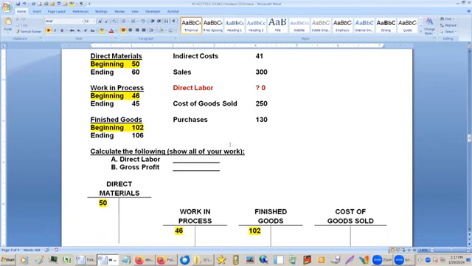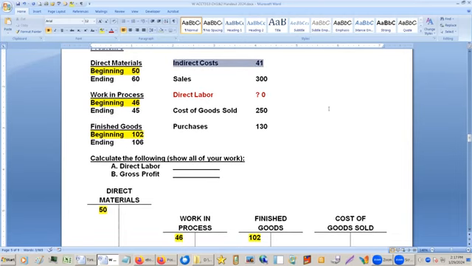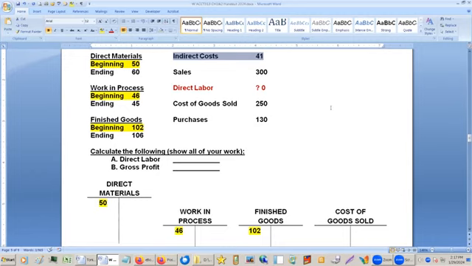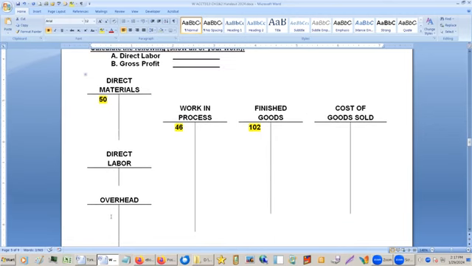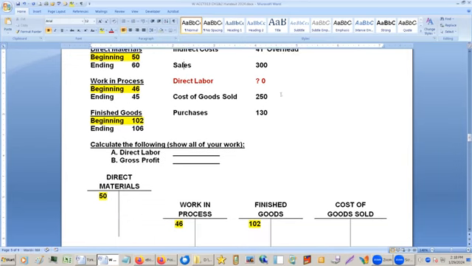And then we're going to end with the ending. Okay, so let's jump across the other side here. We're not going to do the ending yet. We'll do that in a second. Where do indirect costs go? Overhead. Yep. And indirect costs, you may say, well, why is there only one of them? Overhead is kind of by definition the indirect cost for manufacturing. So that's going to be overhead. Sales, we'll ignore that for now. Actually, we don't even need it for this problem.